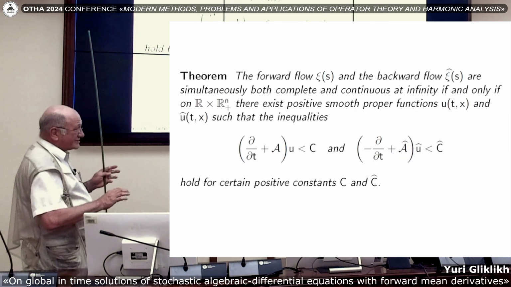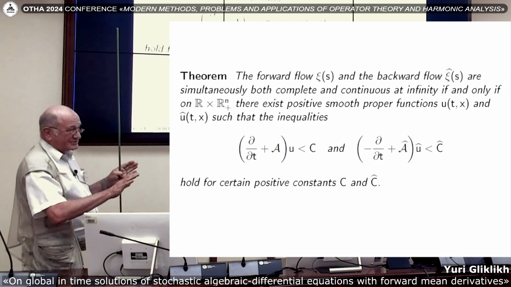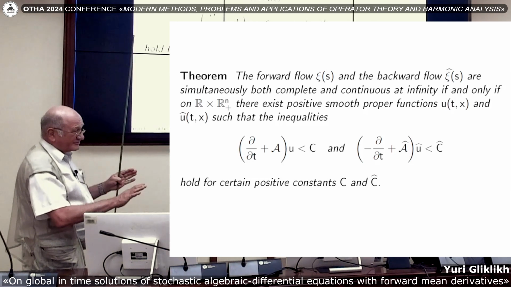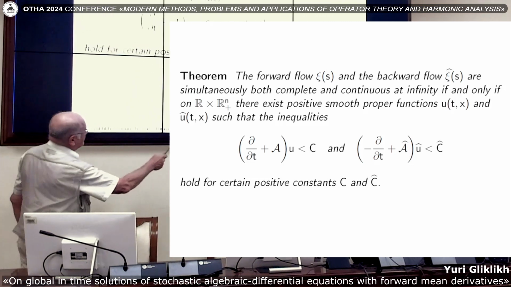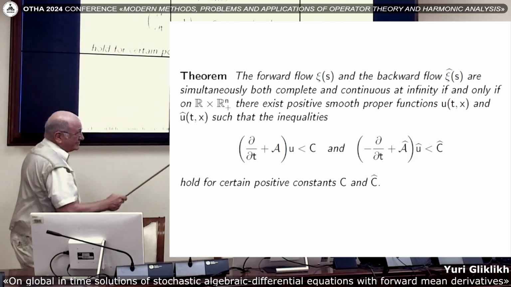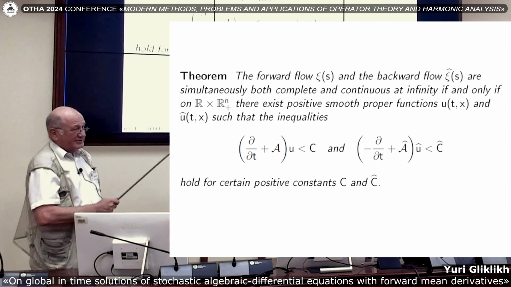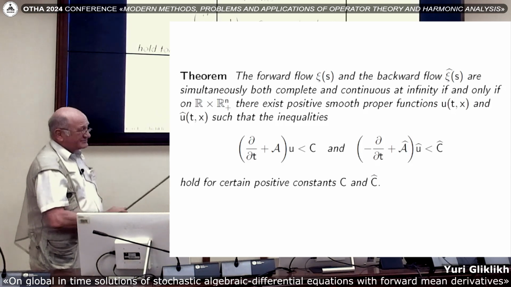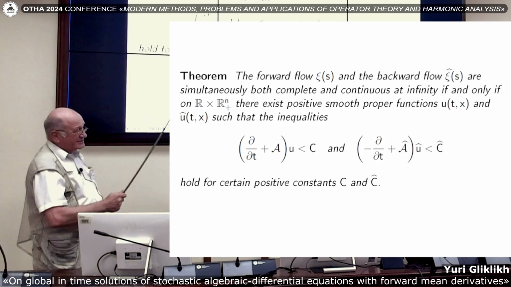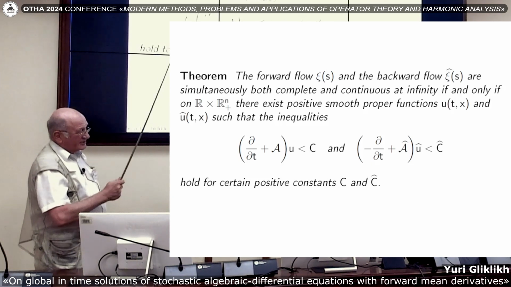Now consider both generators, forward and backward, and suppose that for them we obtain such inequalities. Then they are both continuous at infinity, and for both of them we obtain a necessary and sufficient condition for completeness.